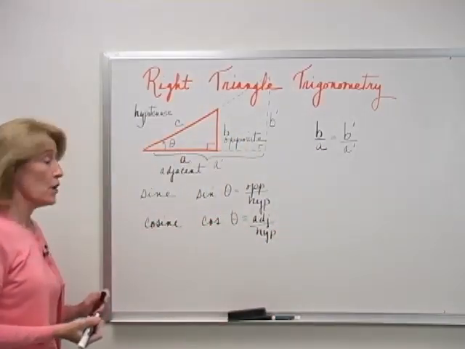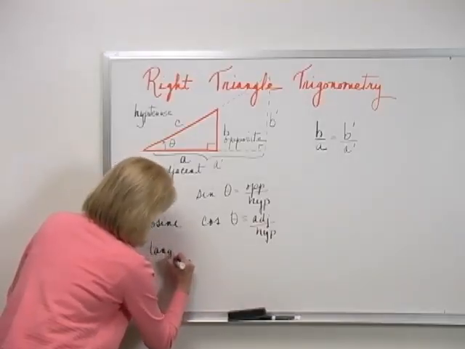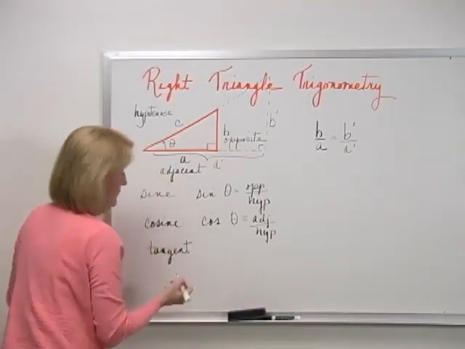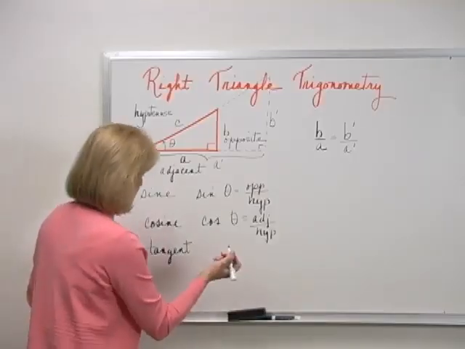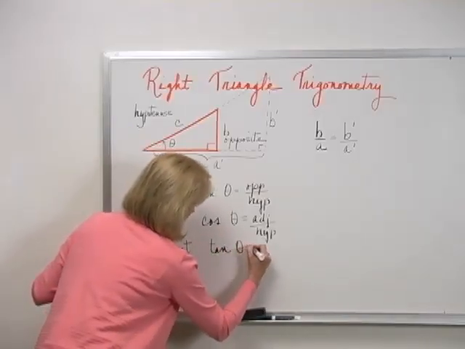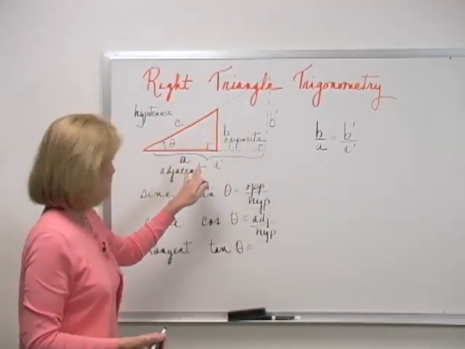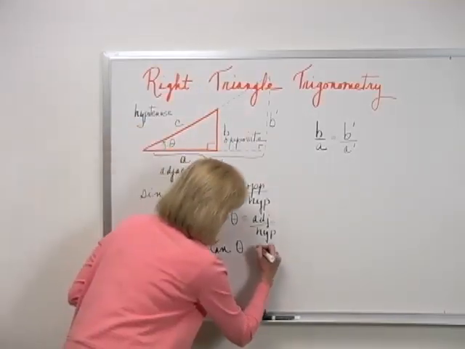The next one is called the tangent. It is abbreviated TAN. And the tangent of theta is the ratio of the opposite side to the adjacent side.